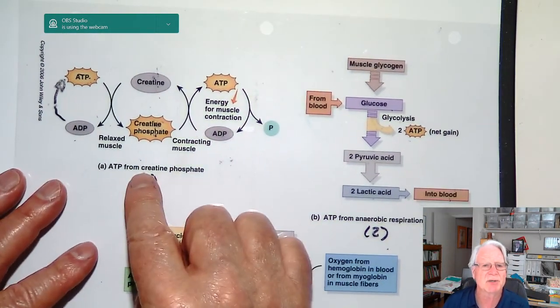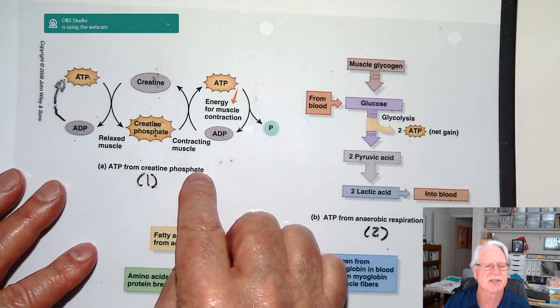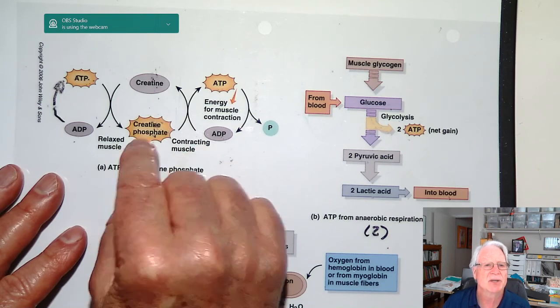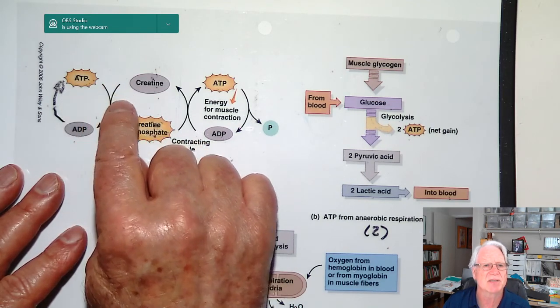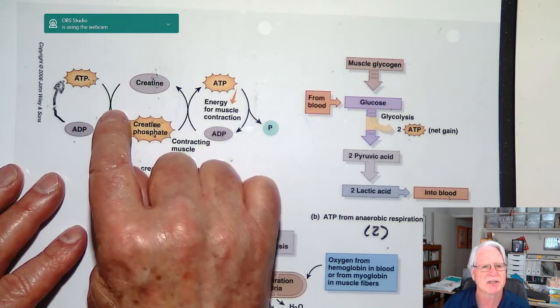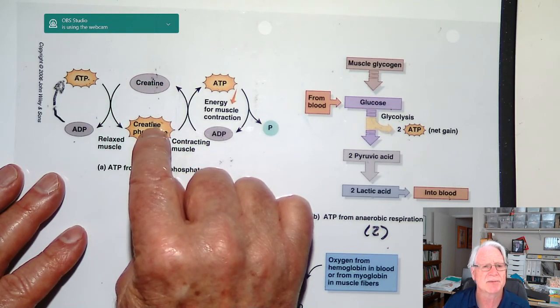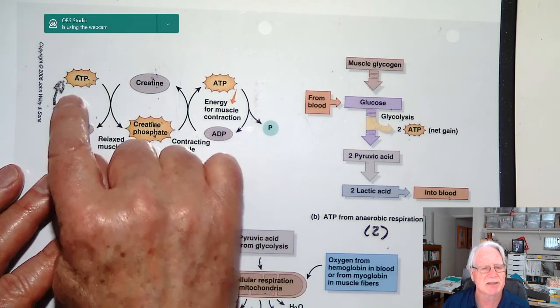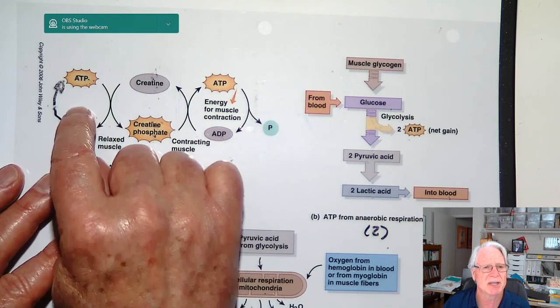So the first system we talked about was the creatine phosphate system. And so you can see we can generate creatine phosphate by using ATP. So we're going to take ATP, donate the phosphate to creatine to create the creatine phosphate. Okay. This would be in times of rest when we're not demanding a lot from our skeletal muscles.